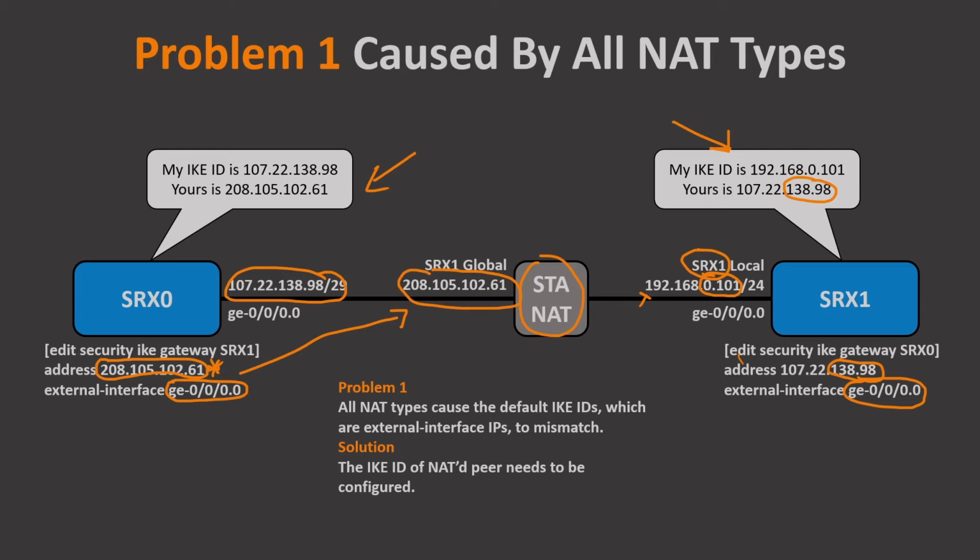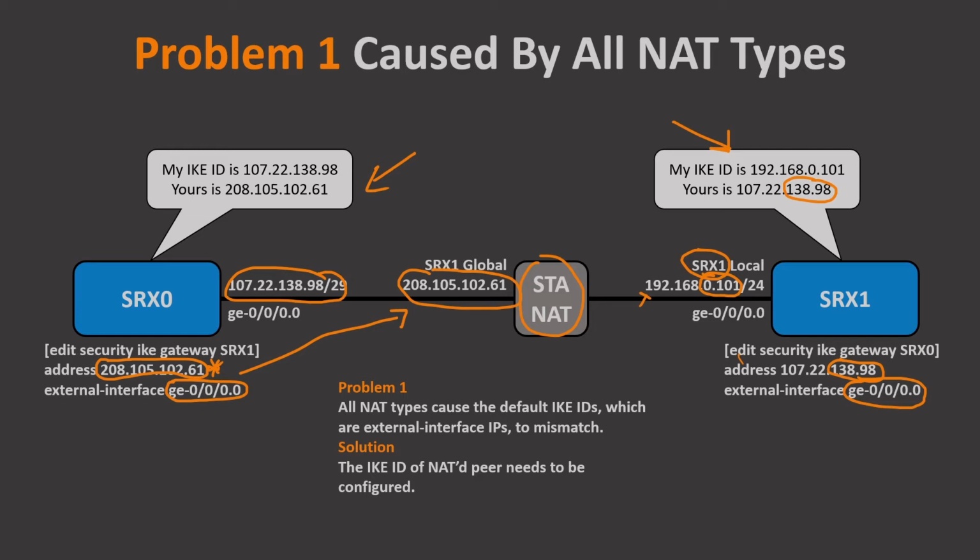So they both agree what SRX 0's IKE ID should be, but they disagree on what SRX 1's IKE ID should be. And when SRX 1 sends its auth packet to SRX 0, it's going to say my IKE ID is 0.101. SRX 0 will not accept this, and authentication will fail, and the IKE tunnel will go down. And again, this affects all NAT types.